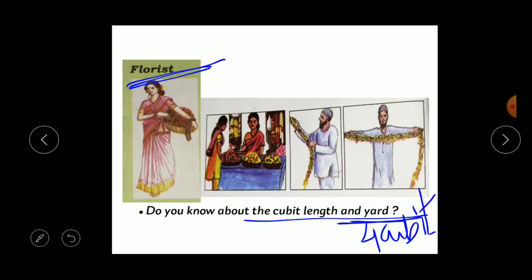Even suppose today's price of jasmine flowers is rupees 250 per kg. You may get the string of the flower in a cubit length for rupees 10. Okay, so it varies from day to day, right?